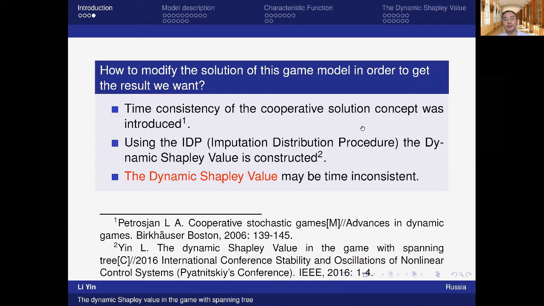And second, I used the previous result from my paper, using the imputation distribution procedure to construct a dynamic Shapley value. And it is important: if we strictly use the dynamic Shapley value in these dynamic games, it may be time inconsistent.